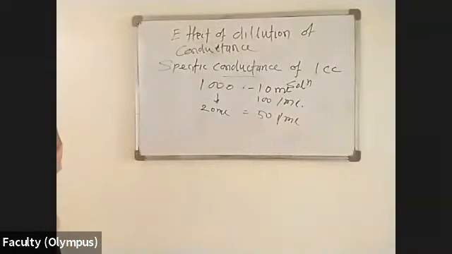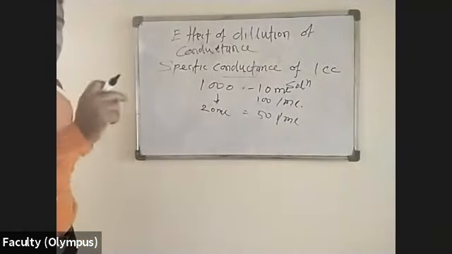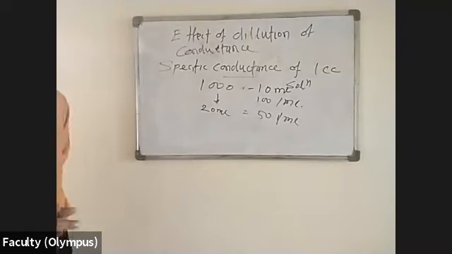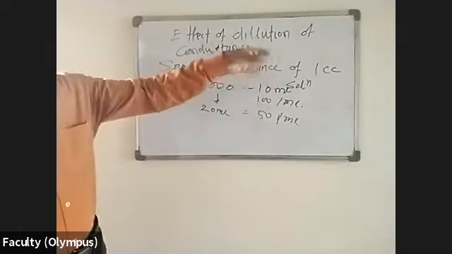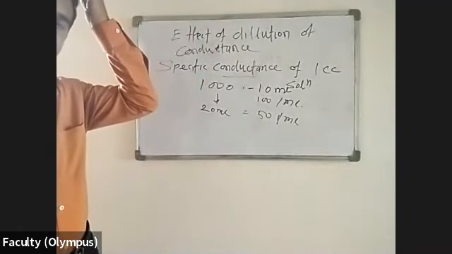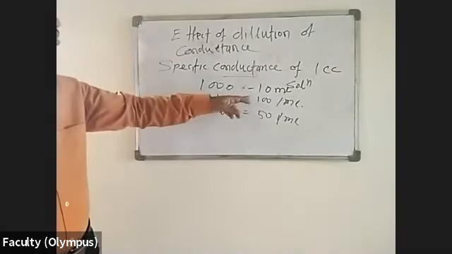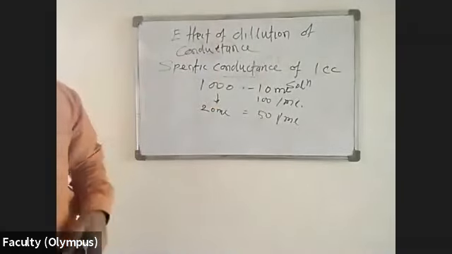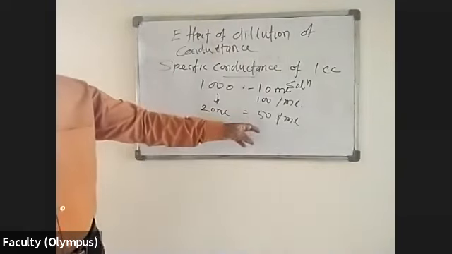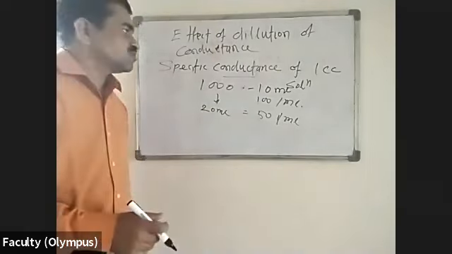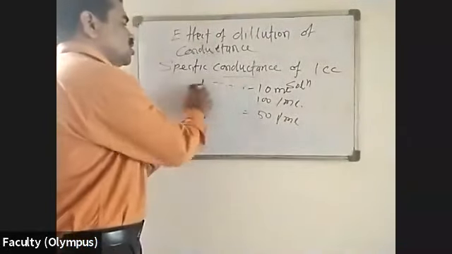And as the conductance depends upon the number of active ions, in concentrated solution, there are more number of ions per ml of solution. In dilute solution, there are less number of ions per ml of solution. Because of this, the specific conductance decreases on dilution.